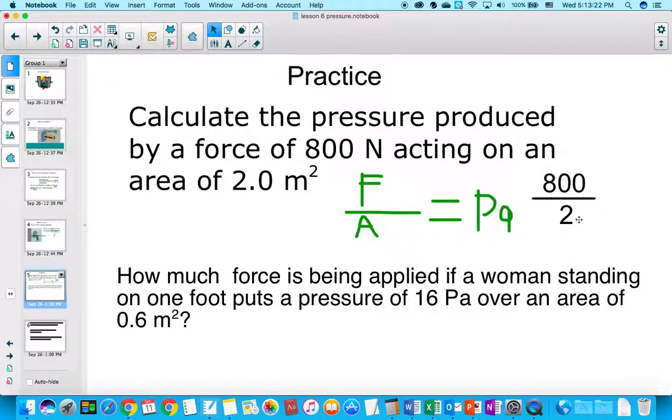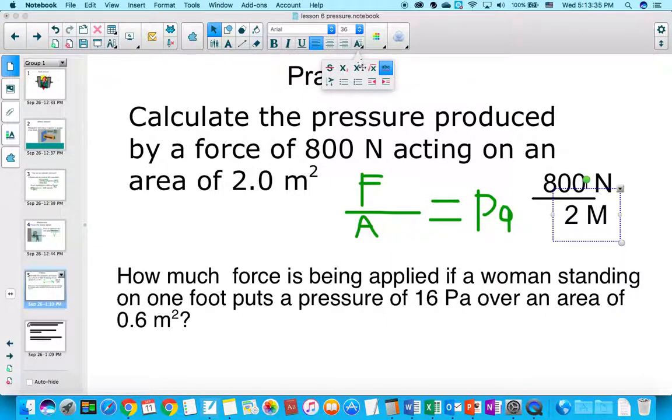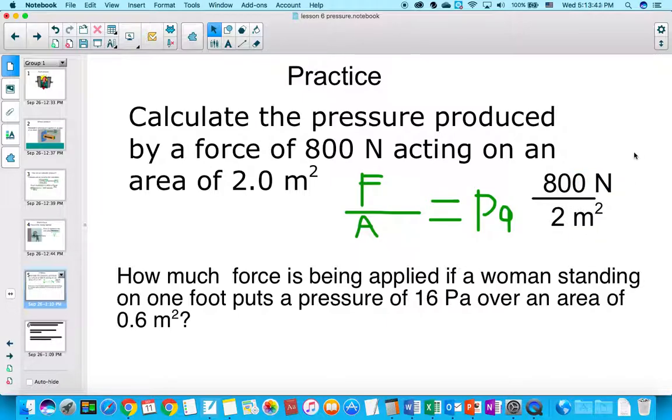Now, what you want to make sure you do is give me the units. 800 what? Newtons. Over what? Centimeters, or sorry, meters, and then you can put the little 2 up there: meters squared. So it's 800 newtons over 2 meters squared. Well then, 800 divided by 2 is 400.